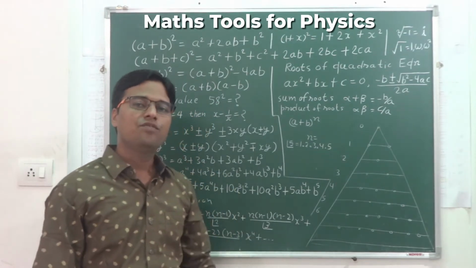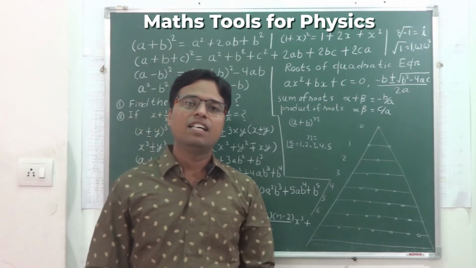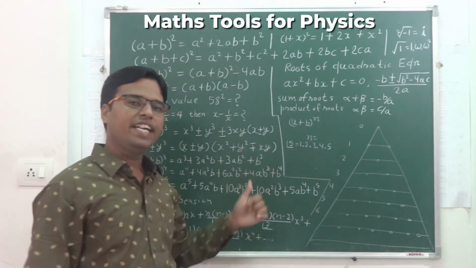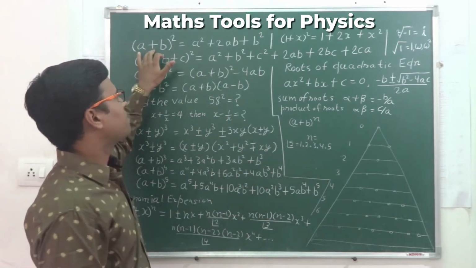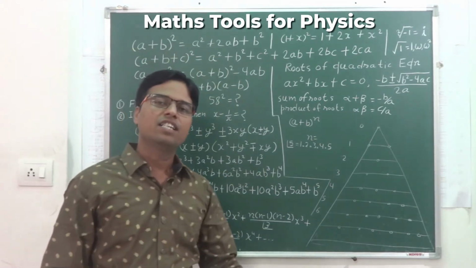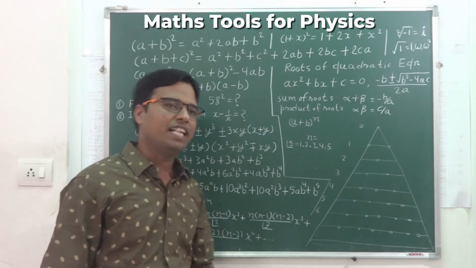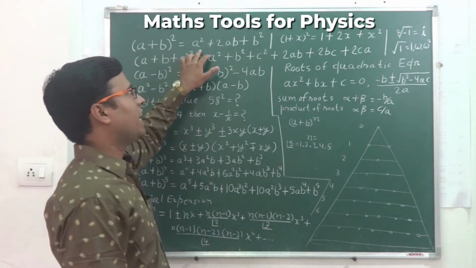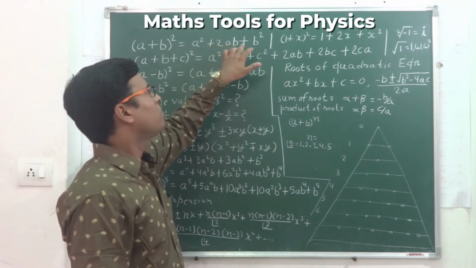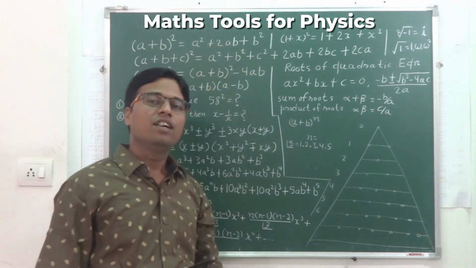Now students, we are going further in this expansion. If we expand (a - b)^2, you all know it is a^2 - 2ab + b^2.